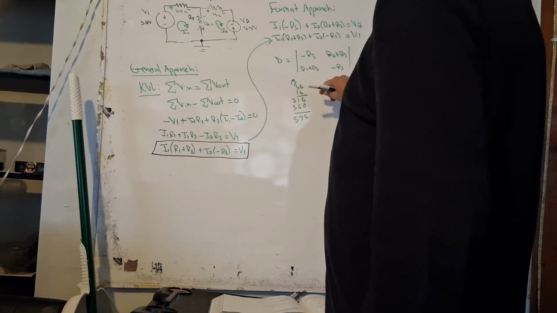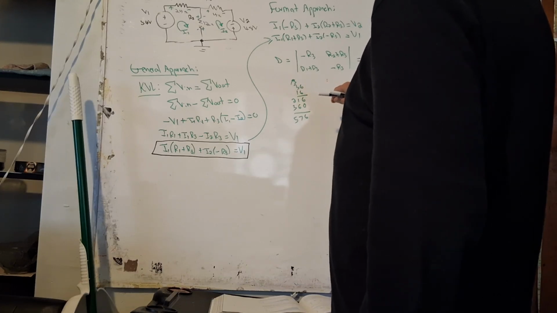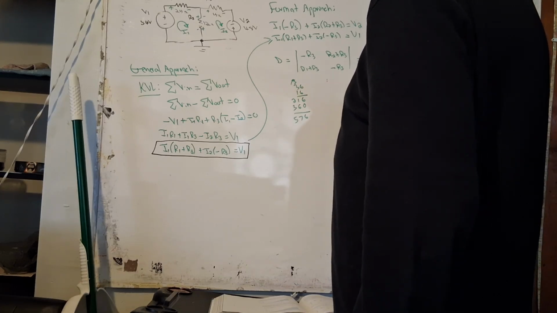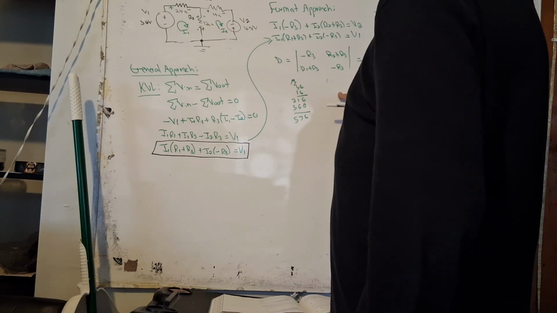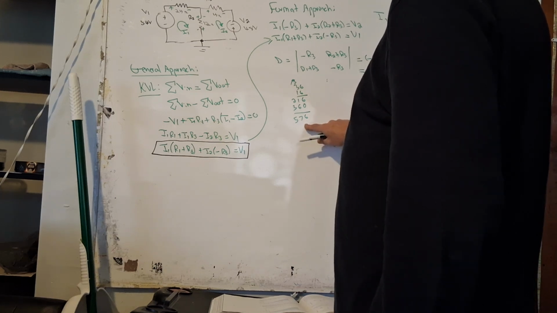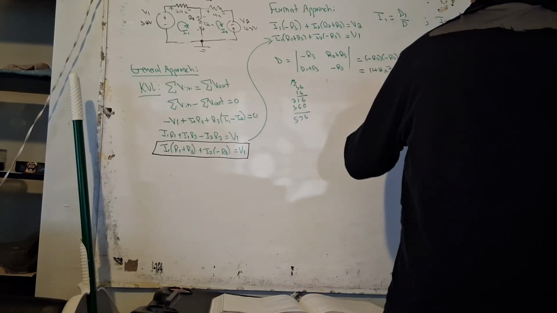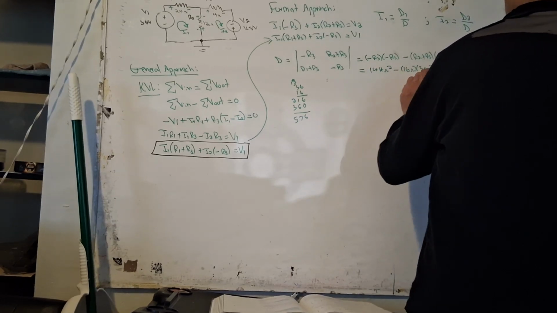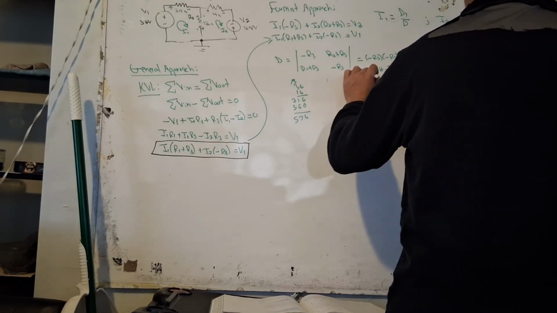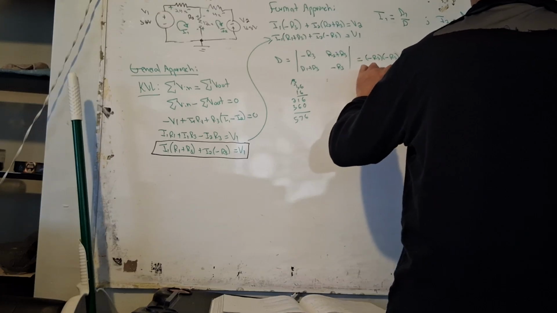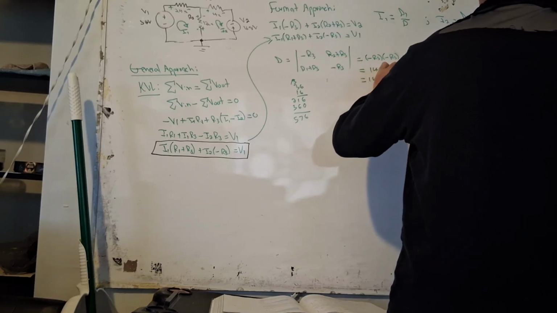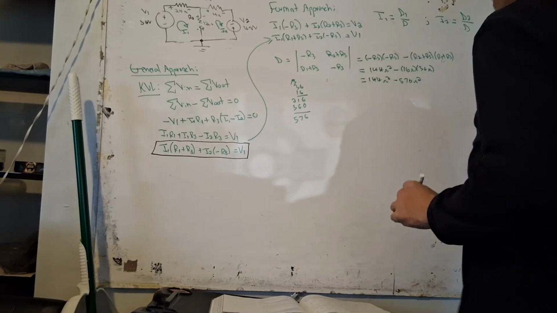And then 36 times 5 is 180. 180 plus 360 is 540 plus another 36, 576. So this is 144 ohms squared minus 576 ohms squared.